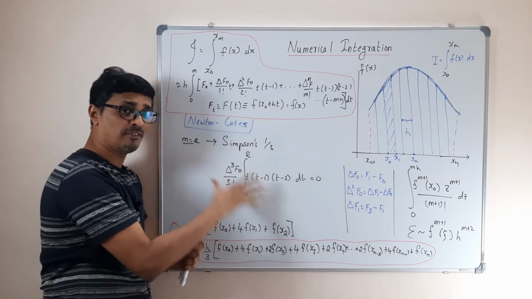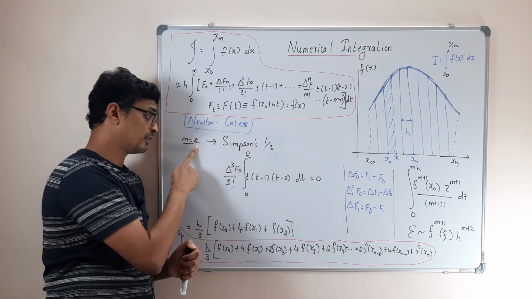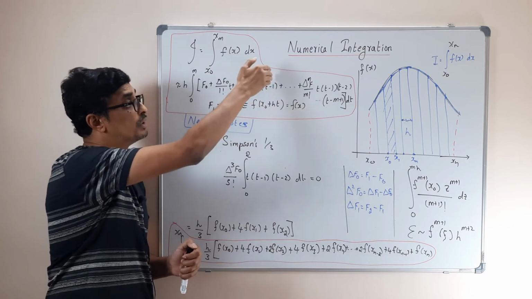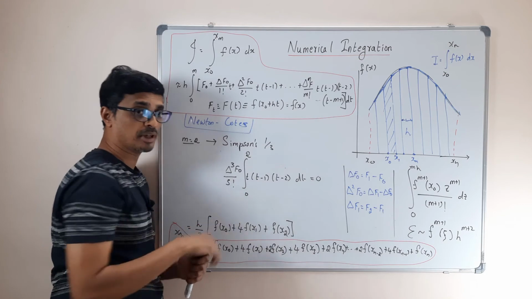This will happen whenever m is even. You take it for 2, for 4, for 6, the next term which you omitted, when you do this integration, that term will become 0.